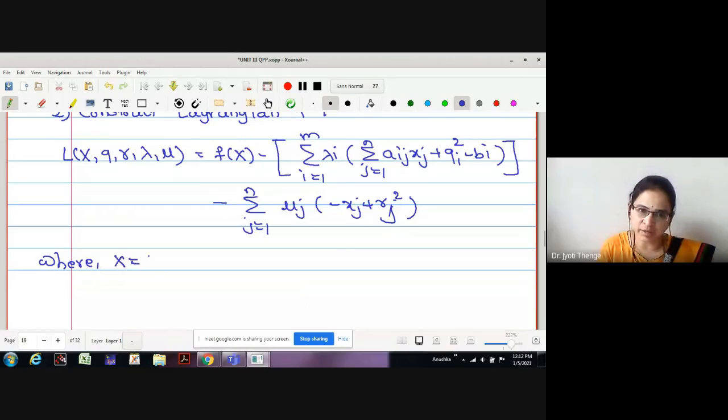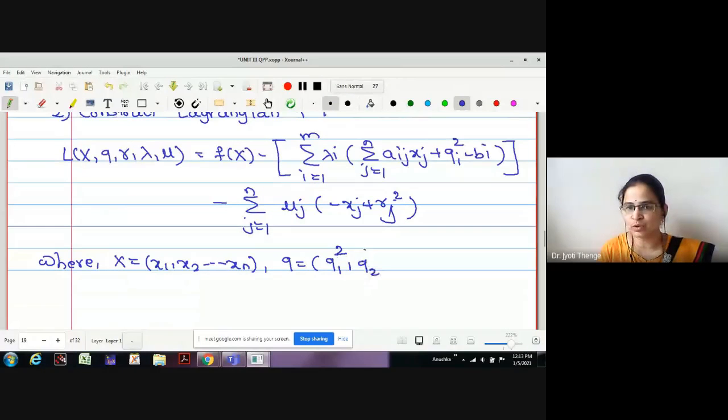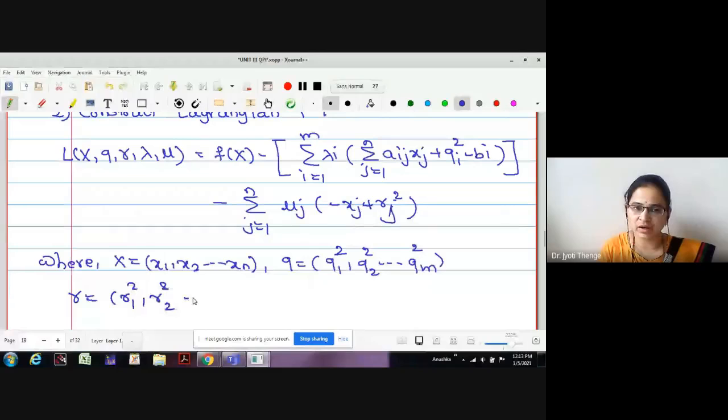What is this vector x? Vector x is an n-tuple vector of the original variables x1 to xn. The q vector is the collection of all squared slack variables q1 square, q2 square up to qm square. r is r1 square, r2 square up to rn square.